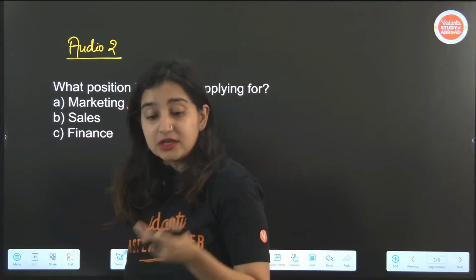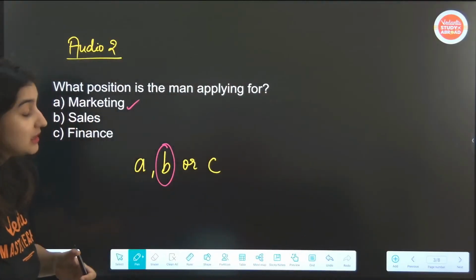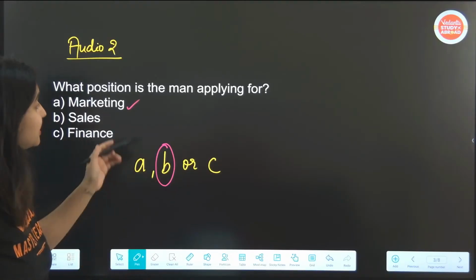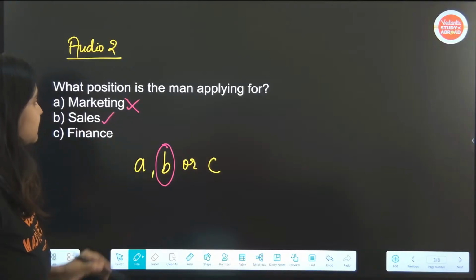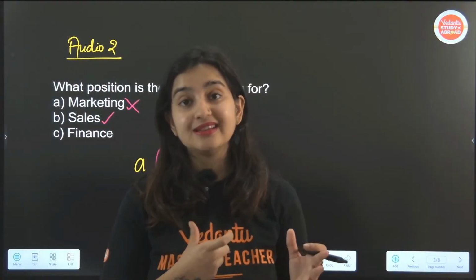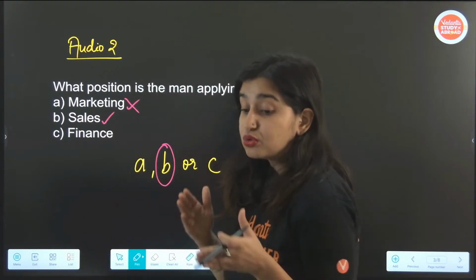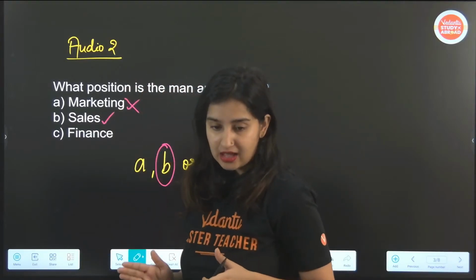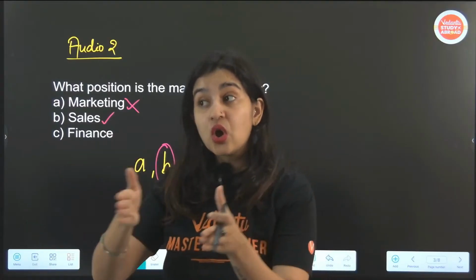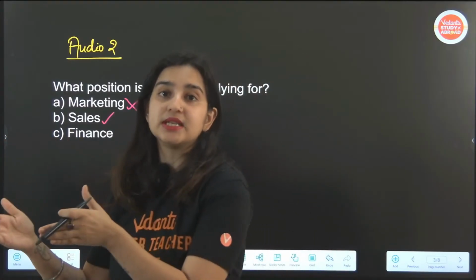But what has happened? The person talking in the audio recording corrects himself and says, but actually it's not marketing, it is sales. So as soon as the person in the recording corrects themselves, you too need to correct your answer. Everything is going to go along with the audio simultaneously.